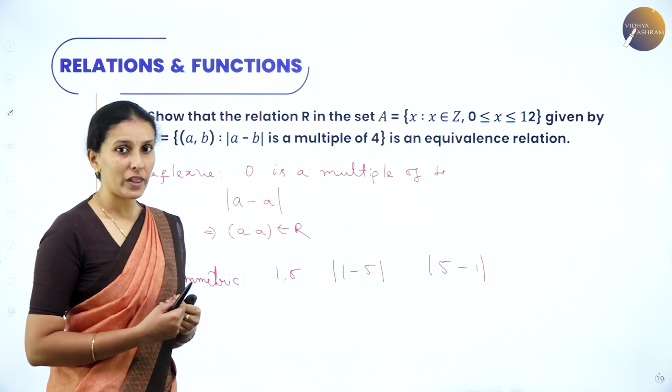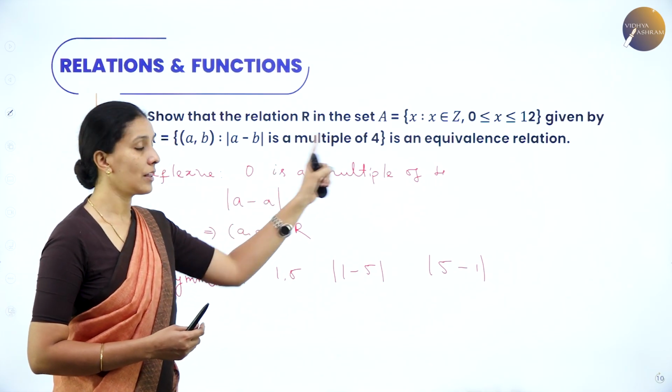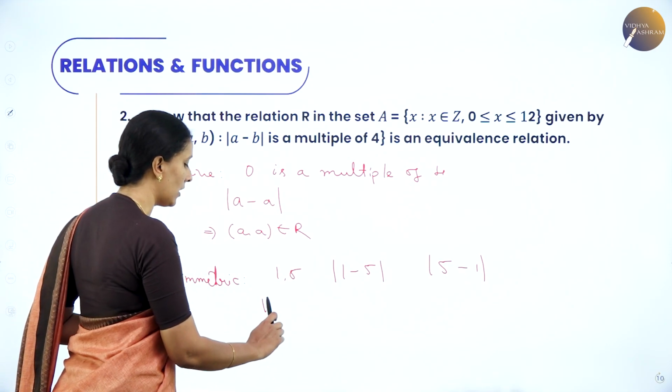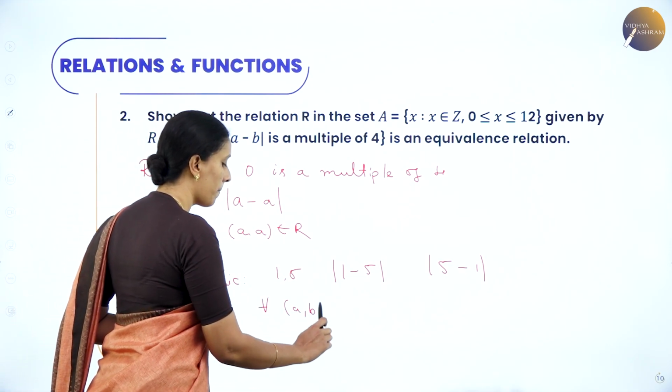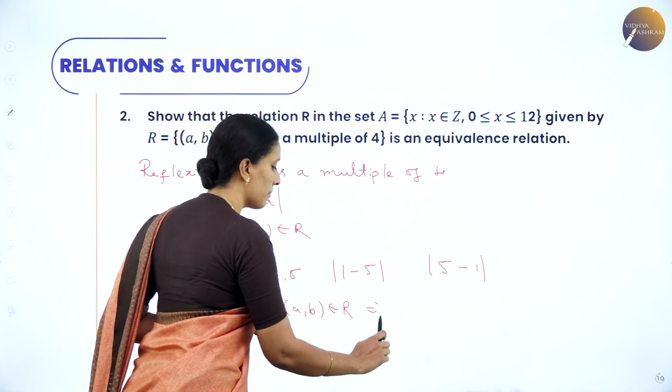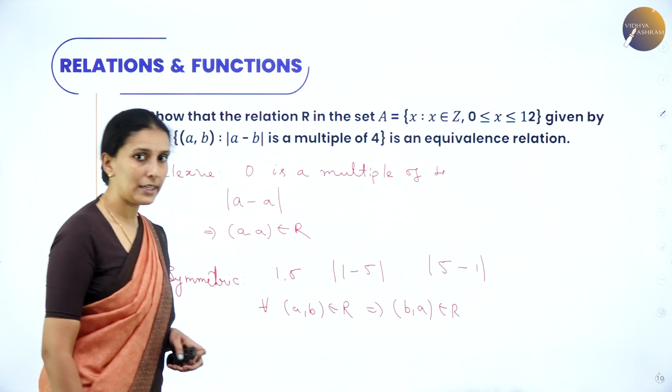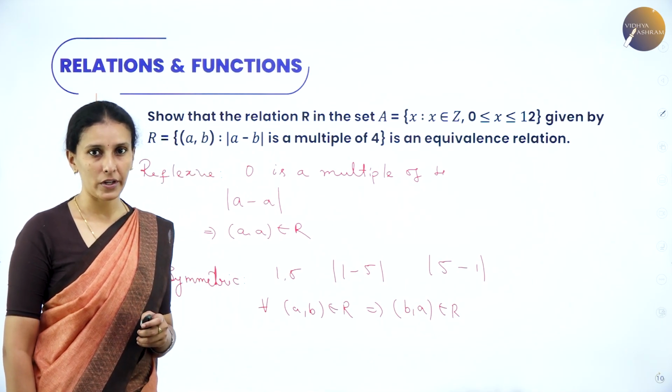You can also check with other numbers whose difference is a multiple of 4. So therefore we can clearly say that for all (a, b) belonging to R, this implies (b, a) belongs to R. So clearly R is a symmetric relation.